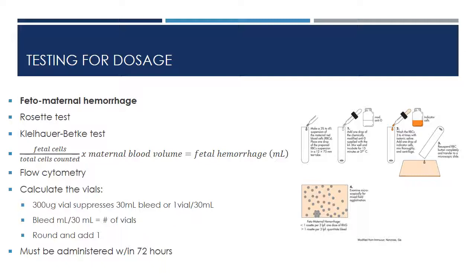And basically what you do is you take your maternal sample and you incubate it with an anti-D antisera, okay, which is just a reagent that you have in the laboratory. And then you add red cells after that. Okay, the indicator cells are going to form little agglutinates, which they show there in the little cartoon, little rosettes, with any fetal or D positive cells that might be present.